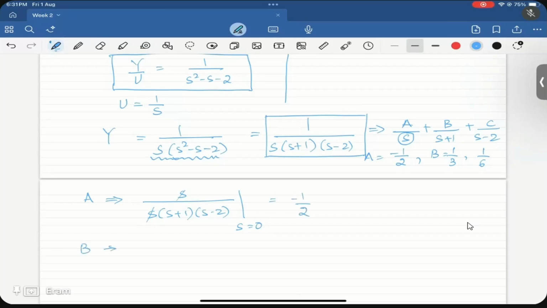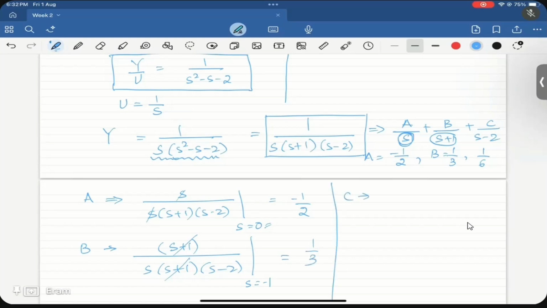Similarly for b, you have to multiply with s plus 1 and solve it for s equals to -1, because it is 0 at -1, and why here 0? Because it is 0 at s equals to 0. So this will cancel out and it will give you 1 by 3. And for c, similarly, multiply with s minus 2 and solve it for 2. So this will give you 1 by 6. Okay, so that's how we are calculating the coefficients.